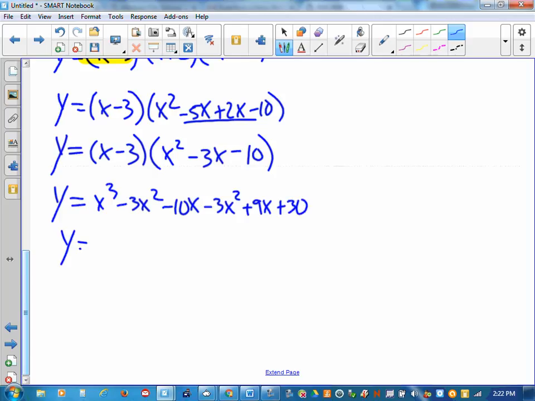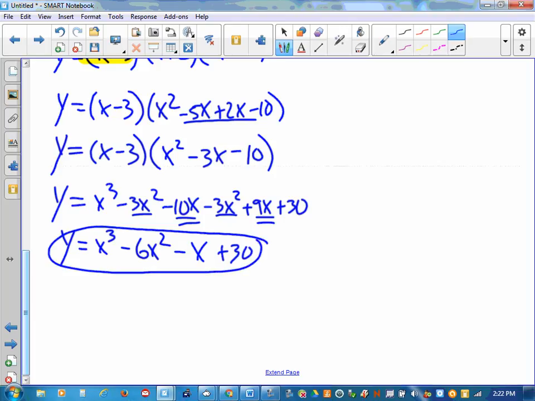The x cubed has no partner, so it drops down. The x squareds, they're the same, so they're going to double up, my negative 6x squared. Putting the x's together, I have negative 10 plus 9. You borrow 10 from the uncle, you pay him back 9, you still owe him 1. I don't need the 1 there, but you can put it, so you can write negative 1x or just minus x plus 30.